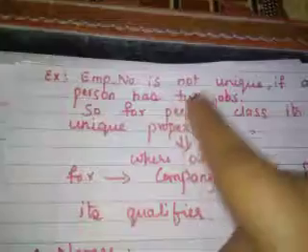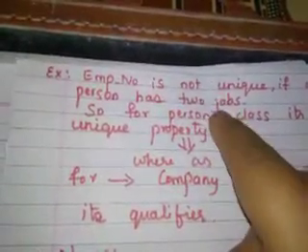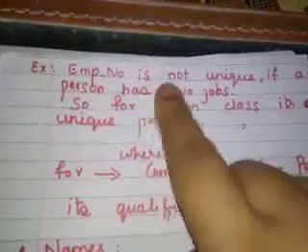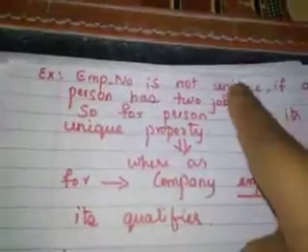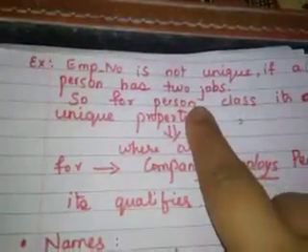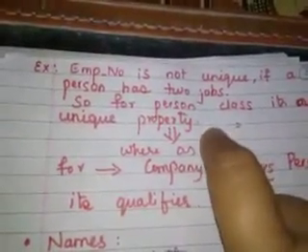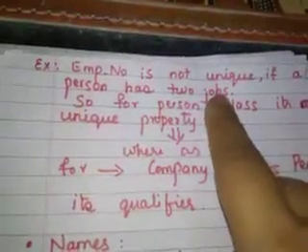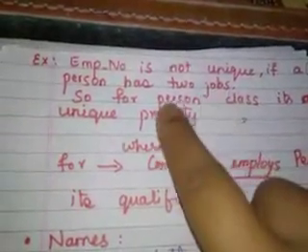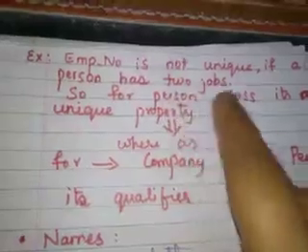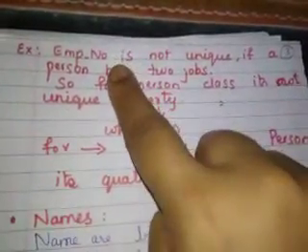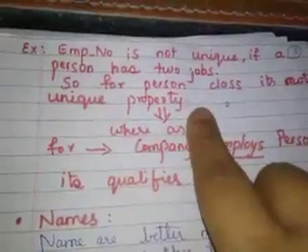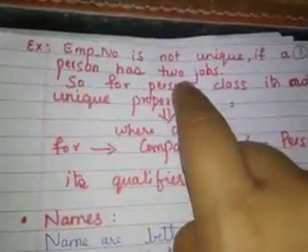That time, per job he has one employment number. So we cannot say this employment number is unique for a person, because he has two employment numbers depending upon two jobs. Now in the person class, the employment number is no longer a unique property because he has two jobs.